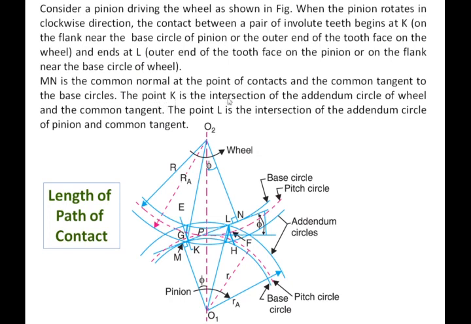The point K is the intersection of the addendum circle of the wheel and the common tangent, and point L is the intersection of the addendum circle of the pinion and the common tangent. This MN is the common tangent. So the points K and L are obtained by the intersection of the addendum circles with the common tangent.